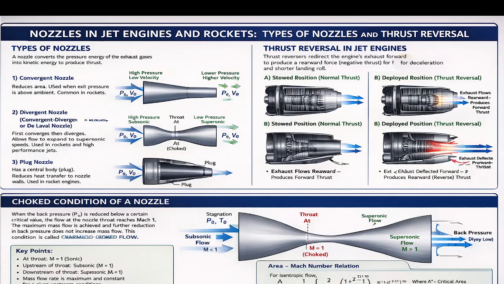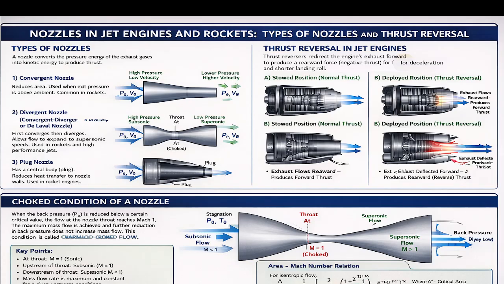Here the initial conditions remain the same: pressure will be more, velocity will be less. At the throat there is a small change in those parameters. After that, the pressure again goes down and the velocity increases using the geometry of this nozzle.